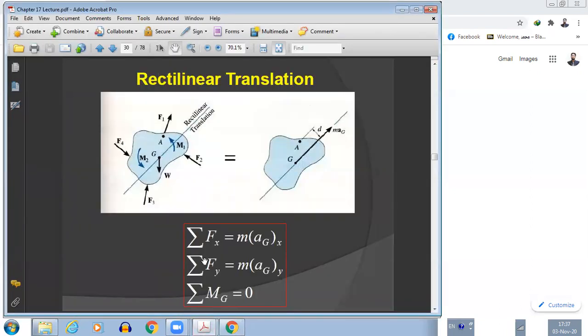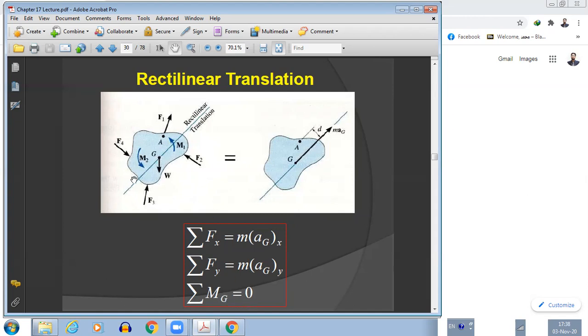So suppose it is a rectilinear motion. Right now we are discussing solid bodies which are moving in a straight line. If the solid body is moving in a straight line and there is no rotation in reality for the solid body, then for that case, the summation of moments at the center of gravity would be zero.